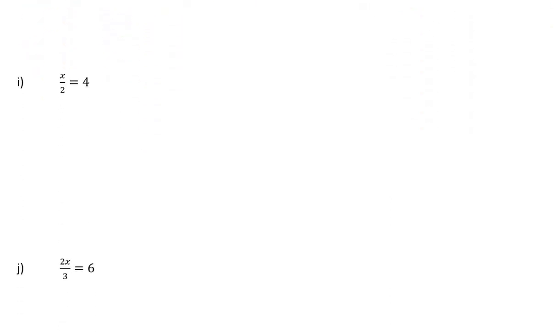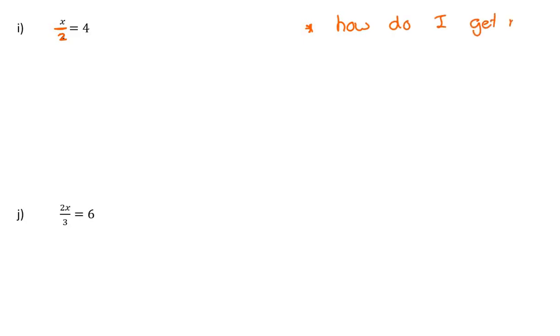So let's get into this idea of what happens if it was attached to a division. So this question says x divided by 2. Now the question I have to ask myself is, how do I get rid of dividing by 2? Well, it's fairly simple, because the opposite of dividing by 2 is multiplying by 2.